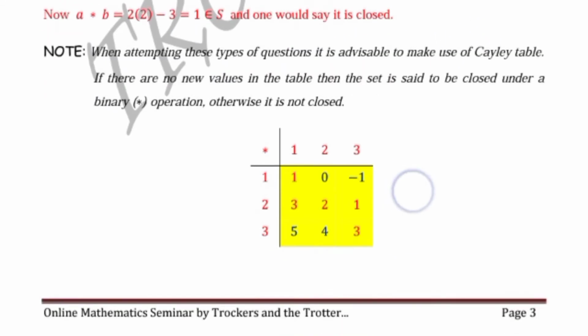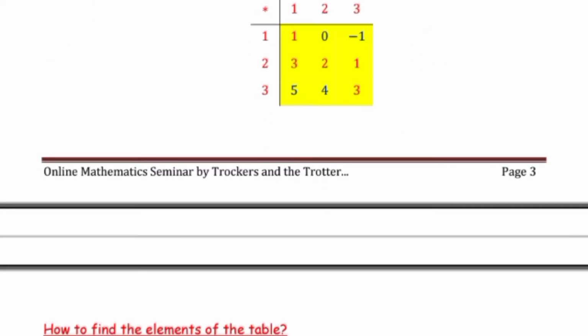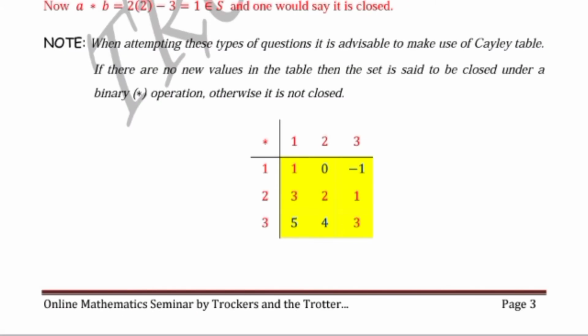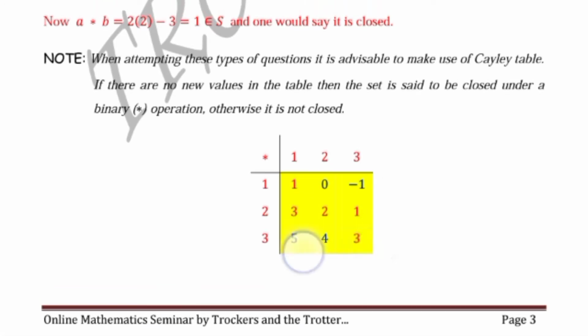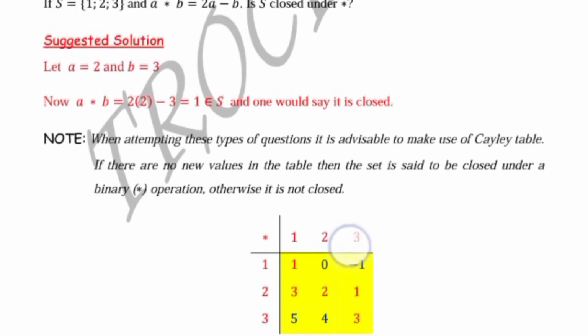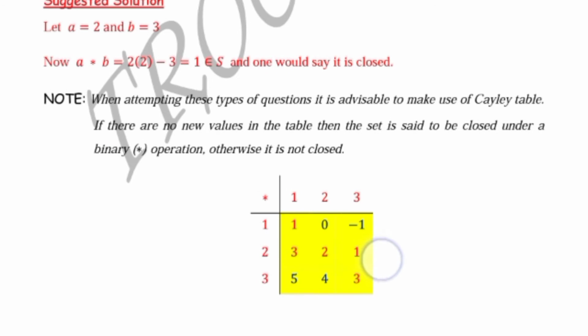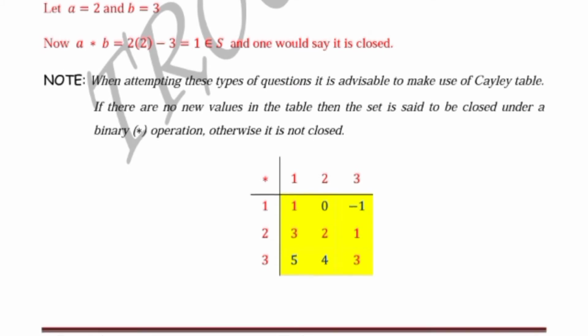It's advisable to prepare the Cayley table, and after doing that, you then check if there are no new elements in the yellow area here. In this case, we have new elements which are not in set S. Therefore, the set is not closed under this binary operation defined here.